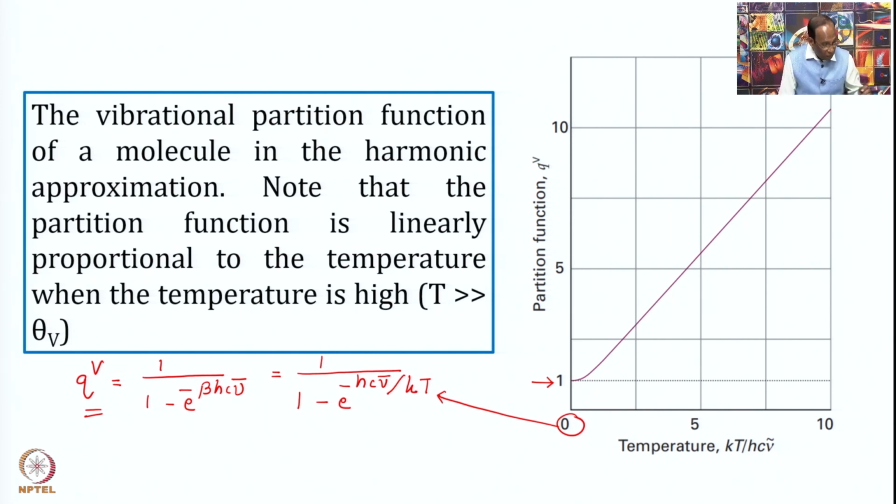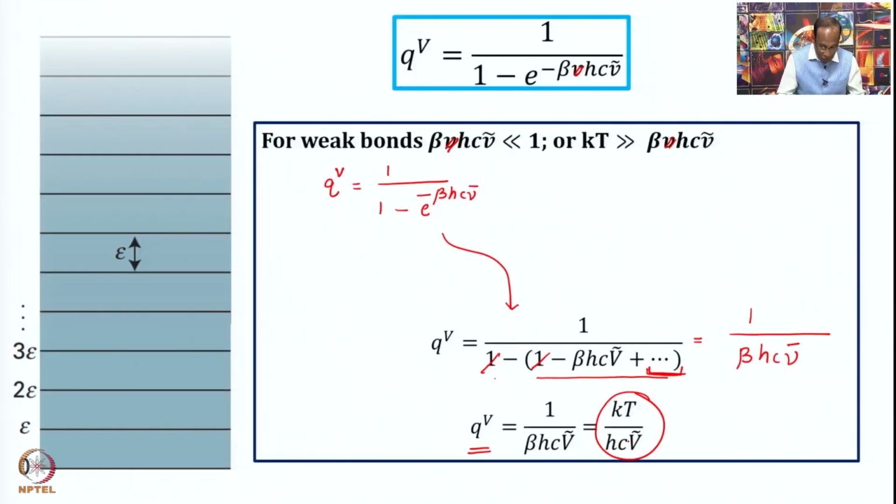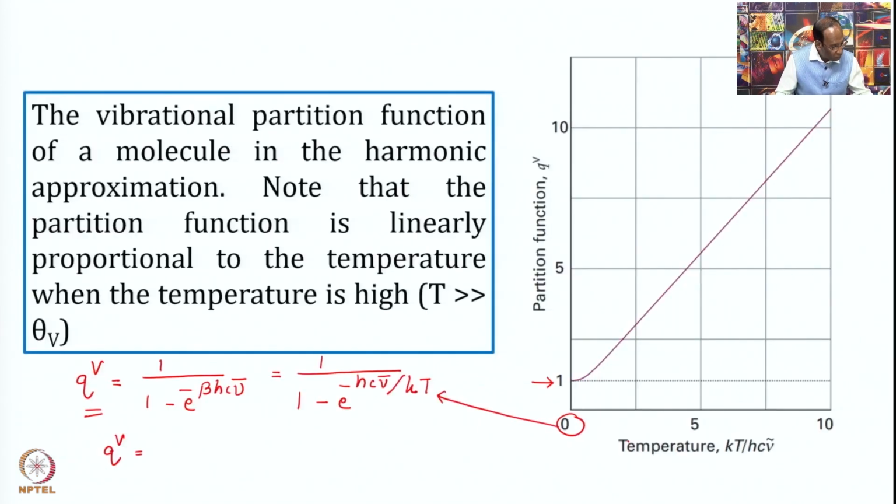If the temperature is high, what did we have? We had the result we just derived, which is kT over hc nu bar. So, kT over hc nu bar.